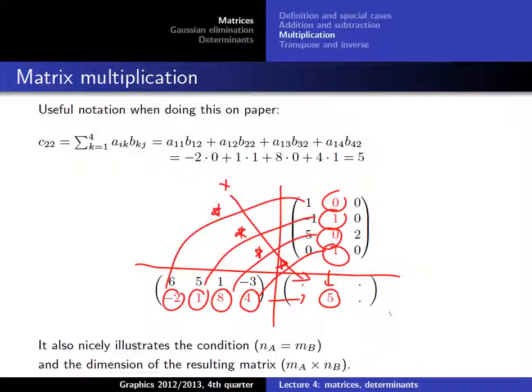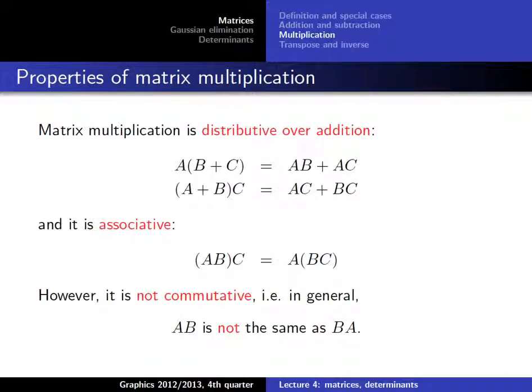And that also nicely illustrates that these two dimensions here have to match. So this has to be equal to that one. And it also nicely illustrates the result. This here and this here are the resulting dimensions of the final result matrix. So you see the formula looks a little difficult or not obvious at the beginning, but if you do the multiplication and you know how to do the procedure, it is actually quite simple.